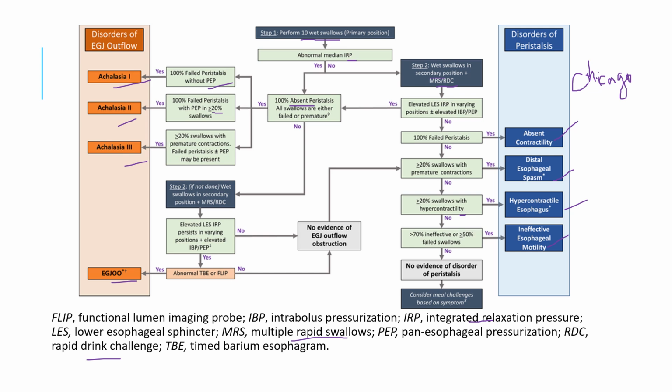So in short, manometry findings are classified based on the Chicago classification. If there is abnormality in the pressure with building up of pressure in the esophagus with absent peristalsis, it may be achalasia, or it may be other contractile problems like absent contractility, hypercontractility, esophageal spasm, etc.